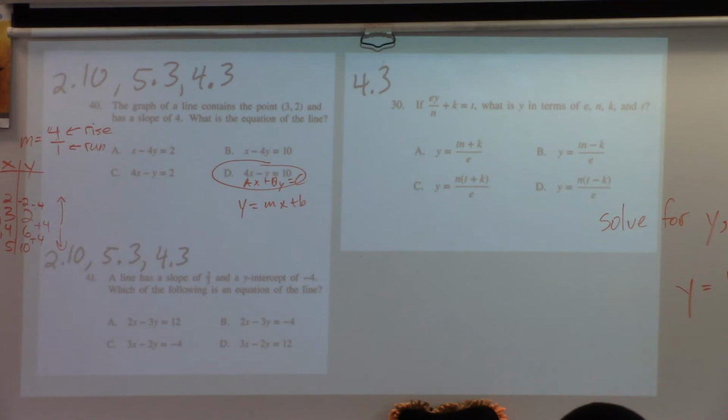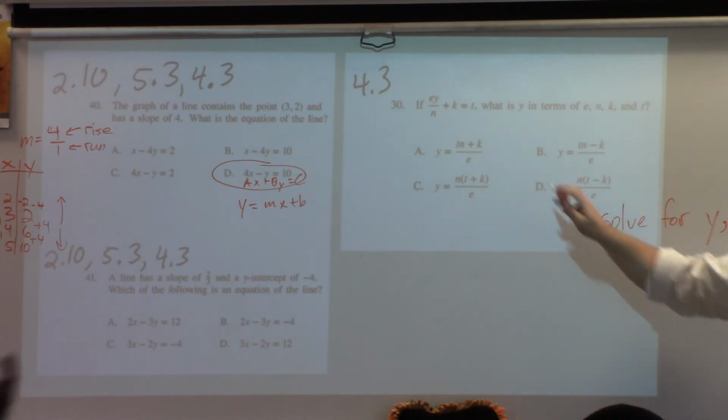Now I do want you to notice, if you look at Symbolab, this is the equation they give you. Is that equation one of the 4 answer choices? No, not exactly. Are there any of those answer choices that would be equivalent to this though?